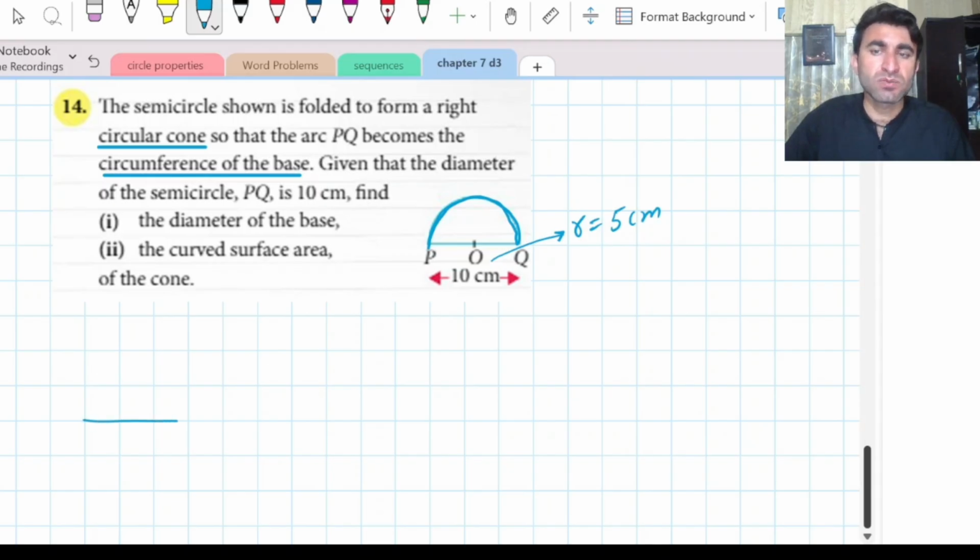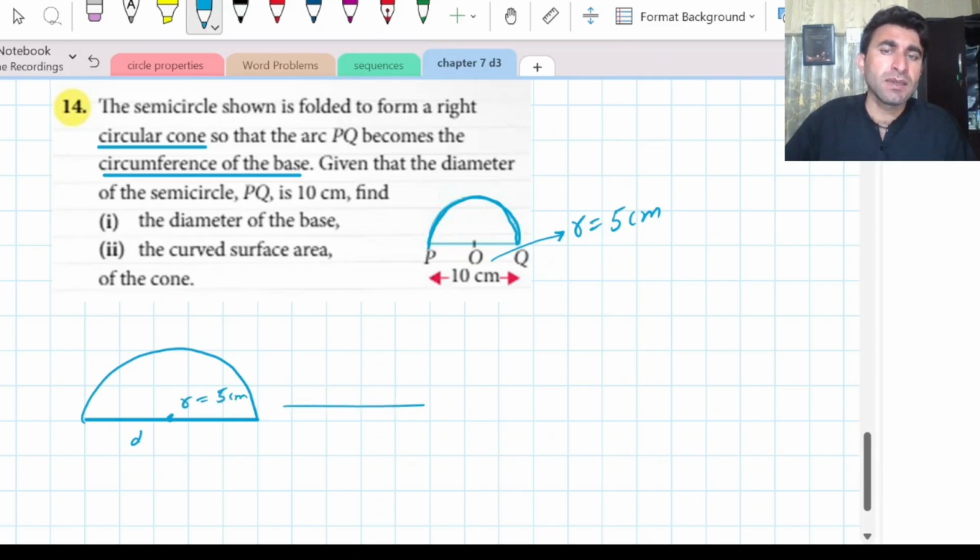Let's suppose that this was the semicircle over here, and its radius is 5 centimeter. When I fold this, it converts into a cone, so the slant height of the cone will equal the radius of the circle. So the slant height L equals 5 centimeter.